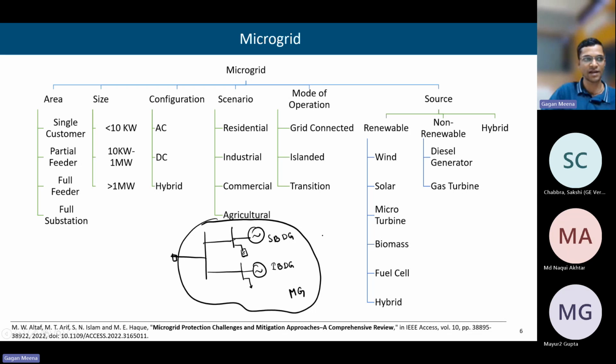What type of microgrid is this? Renewable, non-renewable, or hybrid? Nobody?